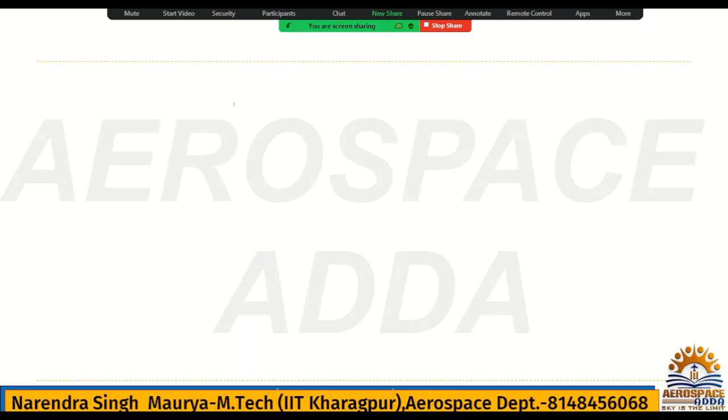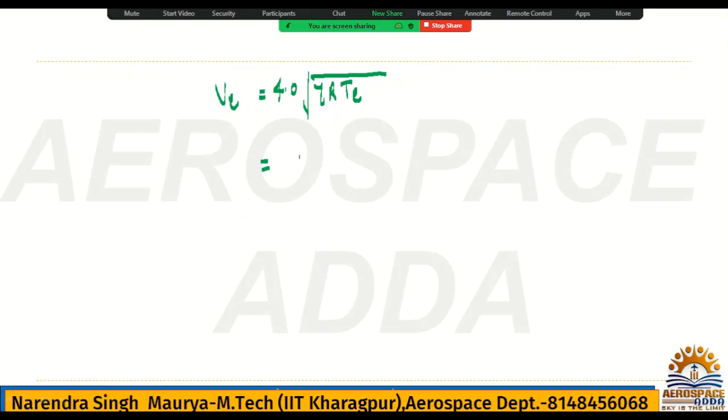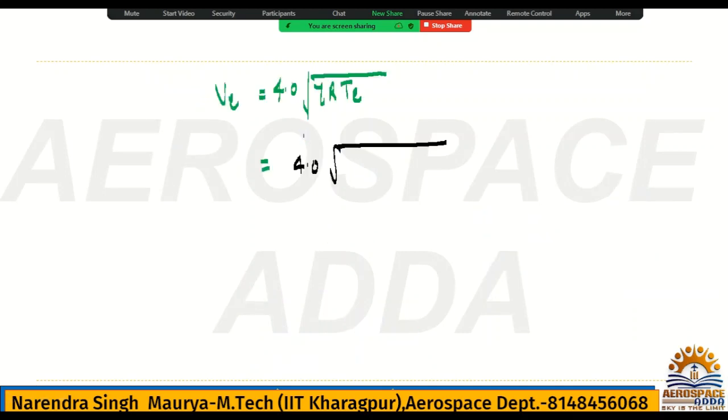So now we'll go for the exit velocity. It is nothing but 4.0 into root of gamma R TE. Now if you do that, how much will you get?